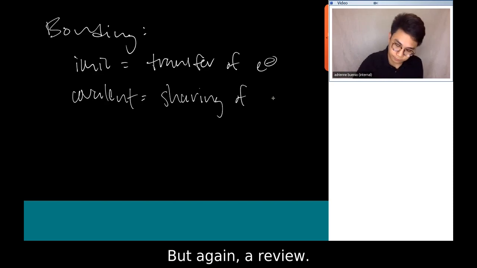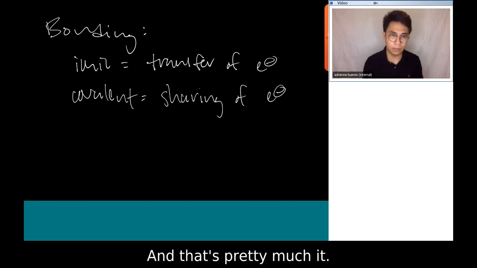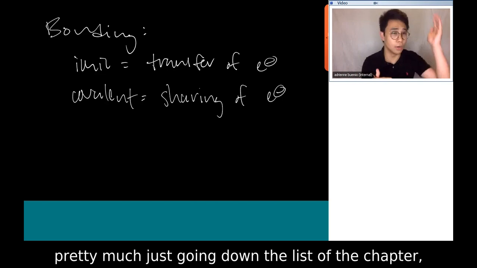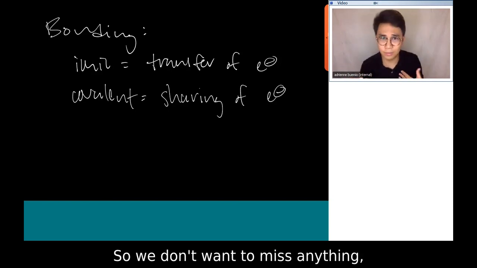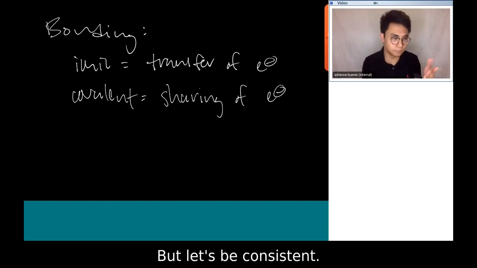But again, this is a review, knowing what these are. I just wanted to touch upon this because we're going down the list of the index of the chapter, so we don't want to miss anything, even though they're small parts, but let's be consistent.